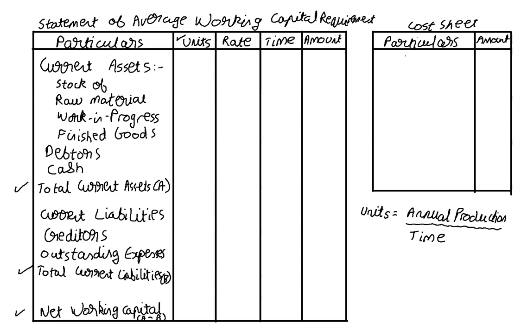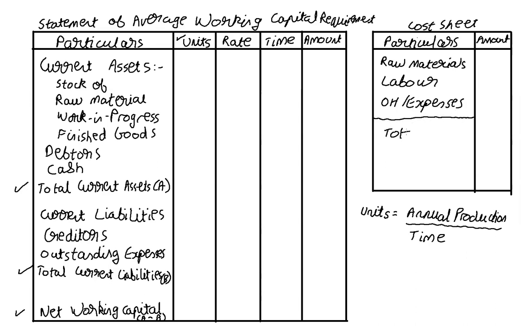As far as rate is concerned, we need to build the cost sheet. So while building the cost sheet, you need to keep in mind we have to deal with raw materials, labor, other overheads or expenses, after which we end up with total cost.